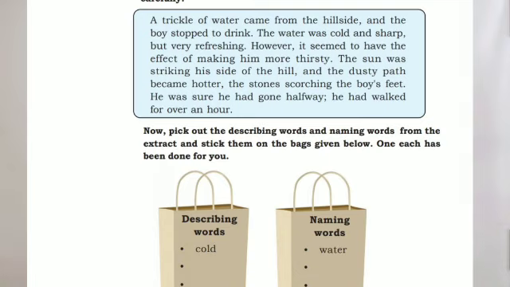However, it seemed to have the effect of making him more thirsty. The sun was streaking his side of the hill and the dusty path became hotter. The stones scorching the boy's feet. He was sure he had gone halfway. He had walked for over an hour.